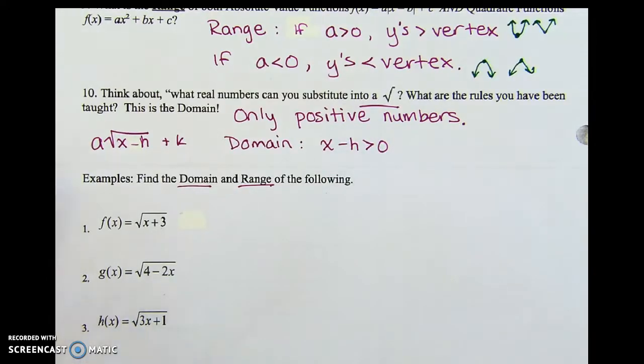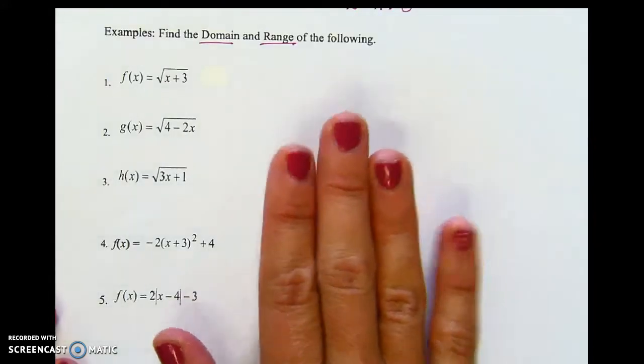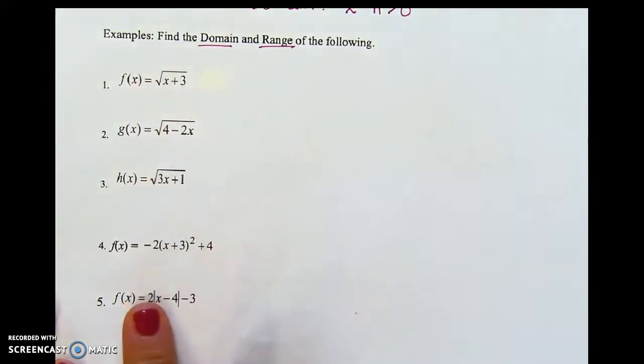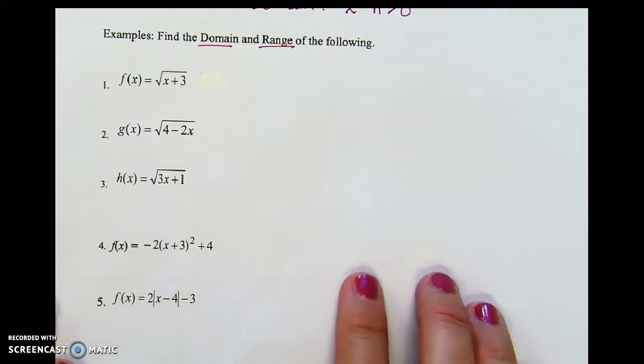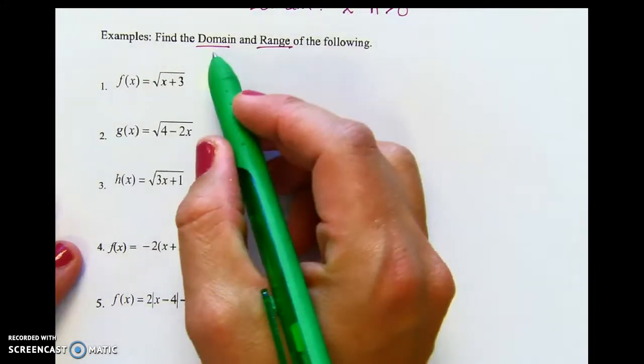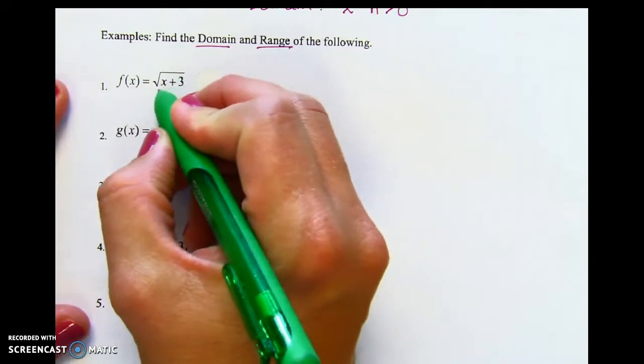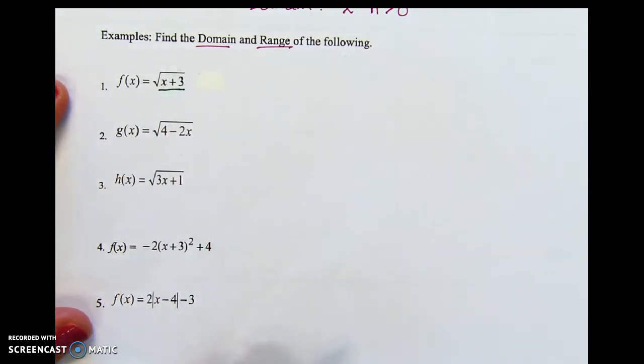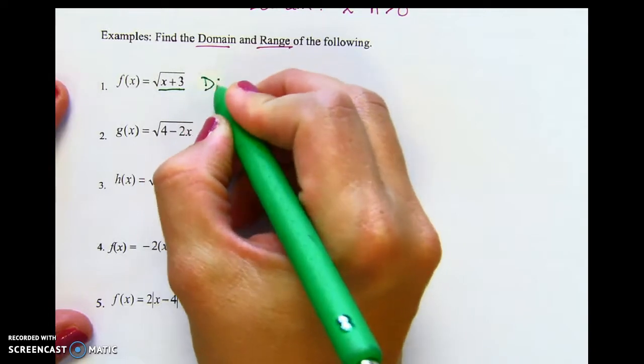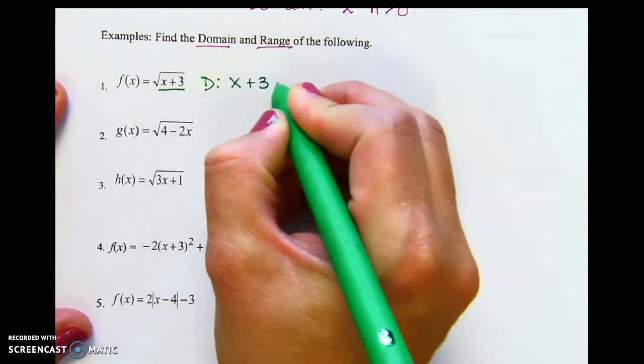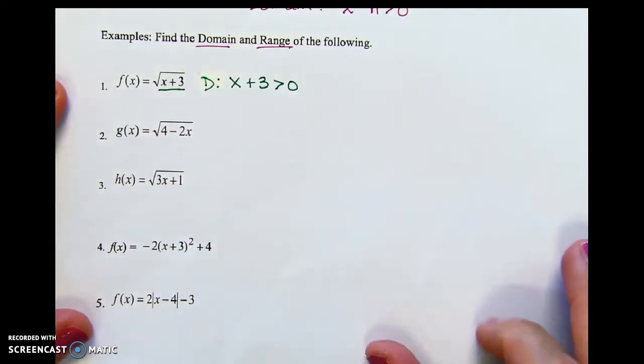You ready for examples? Okay, so now we have non-graphic examples. You see these are not graphs yet. They're just function equations. Here we go. What's the domain? So you tell me all the values under the square root have to be positive, correct? So what we're saying is that x plus 3 must be greater than 0.